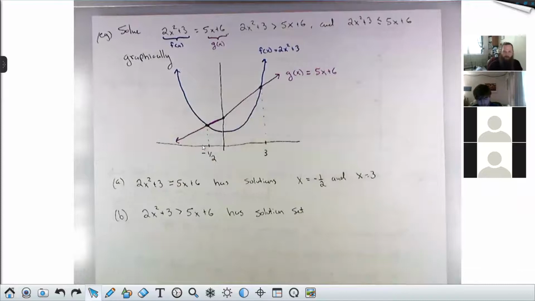This is an inequality, so the solution is most likely a set, some intervals, something like that. Kind of in words, what am I looking for here?